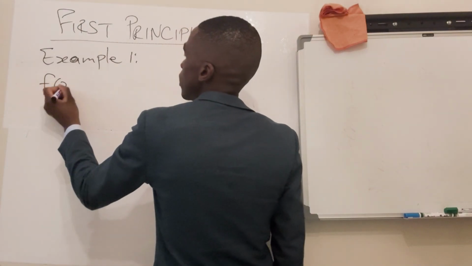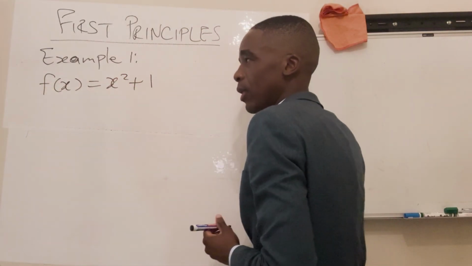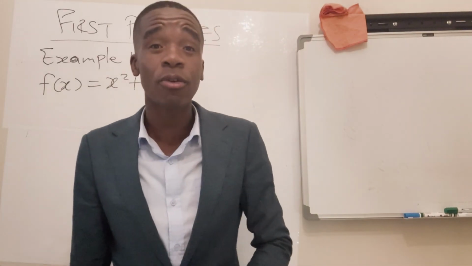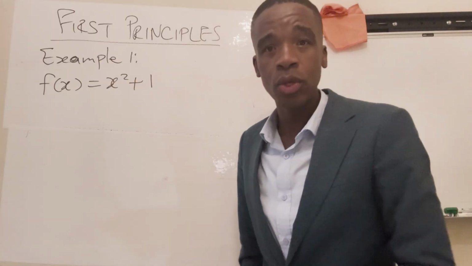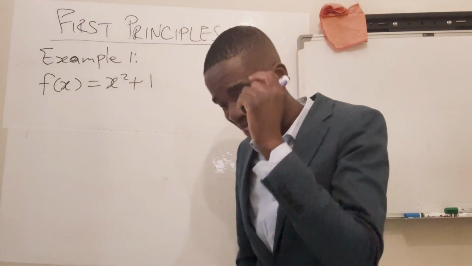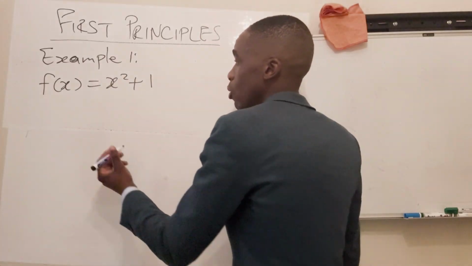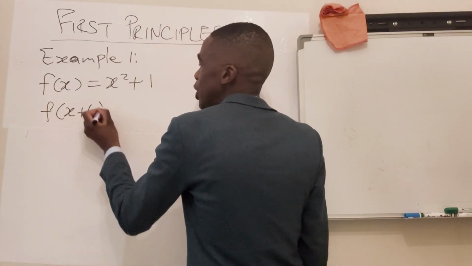Our f is x squared plus 1. We are derivating this from first principles. Using first principles, the first thing you have to find is f of x plus h.